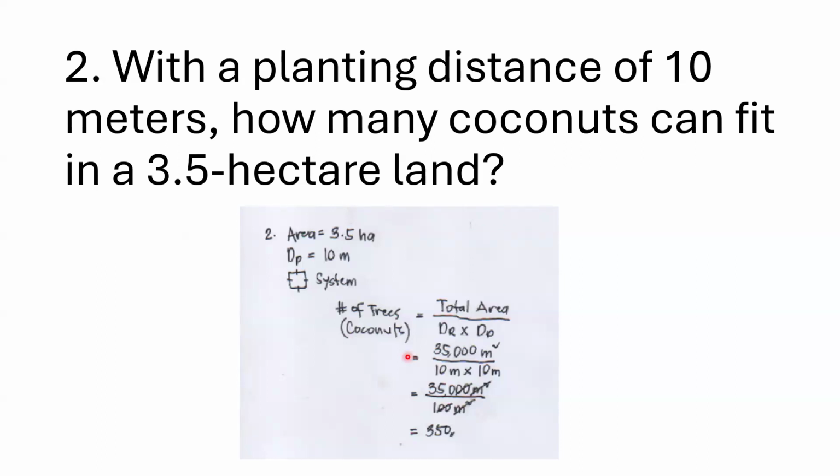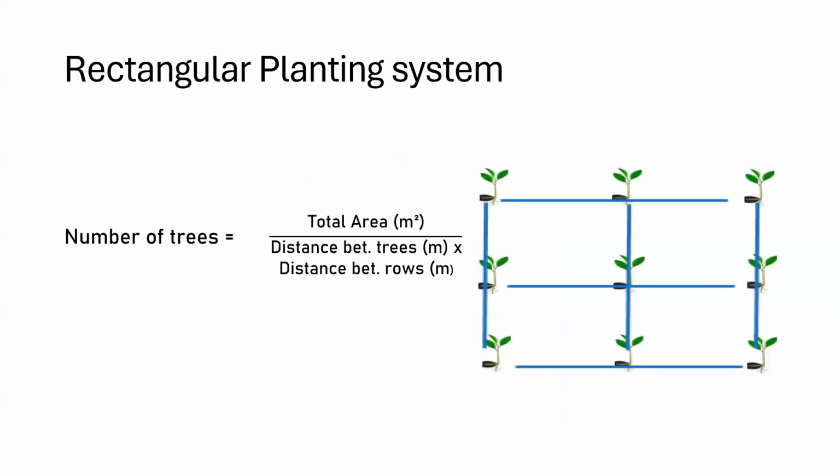Madali. Okay. Next naman, proceed na tayo sa rectangular planting system. So in rectangular planting system, the distance between trees is not the same sa distance between rows. Since rectangle nga yung ating planting system, so it's in the shape of a rectangle.